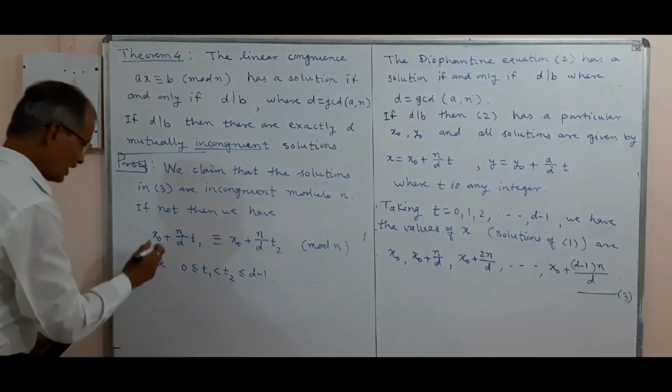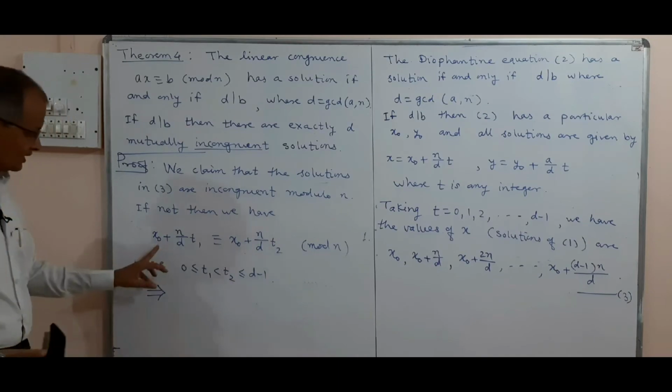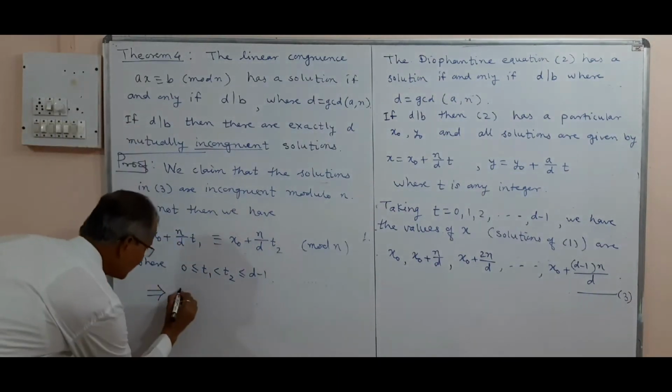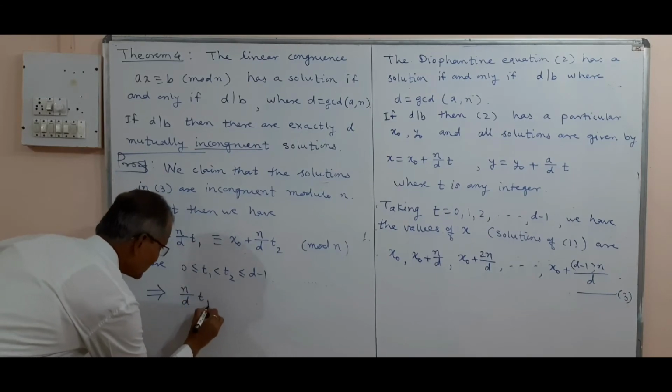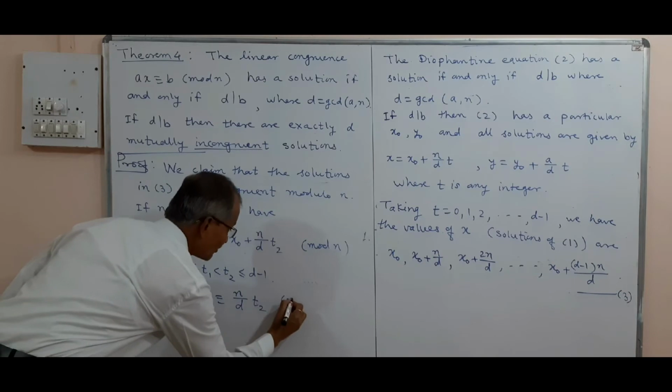So what this implies, you may see: X naught can be cancelled from both sides, and we get N by D into t1 is congruent to N by D into t2 under modulo n.